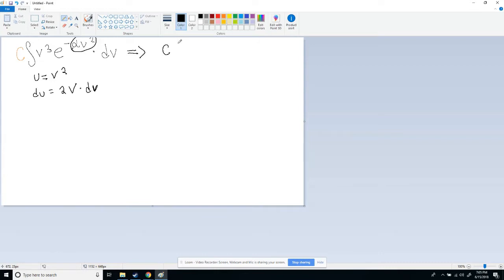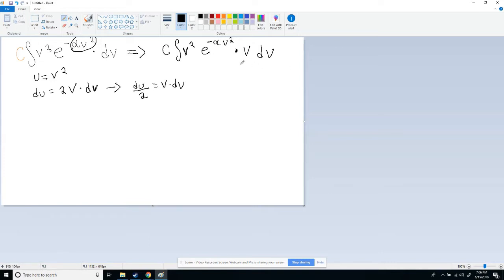It's kind of a long constant, but it was on part 1. So we're going to need v squared, because that's what we've set our u to. And we'll put the extra one over here in order to match the format that we're trying to come up with for our substitutions. So even more usefully, du over 2 is equal to v dv.